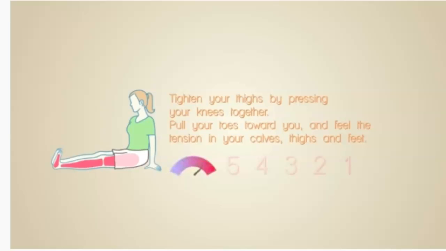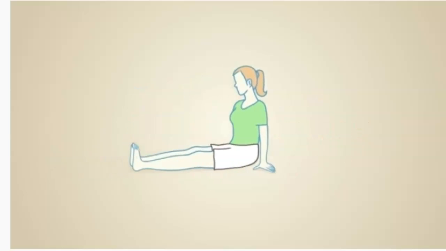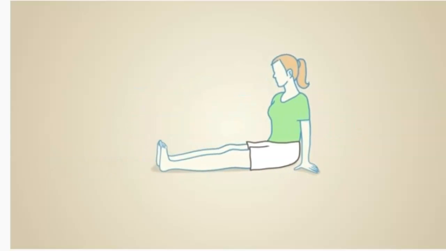Hold that tension for 5, 4, 3, 2, 1. Quickly release and relax. Breathe deeply and imagine a peaceful sensation flowing from your head, down your neck, into your chest, legs, and settling into the soles of your feet. Repeat this process when necessary until you feel calm and peaceful.